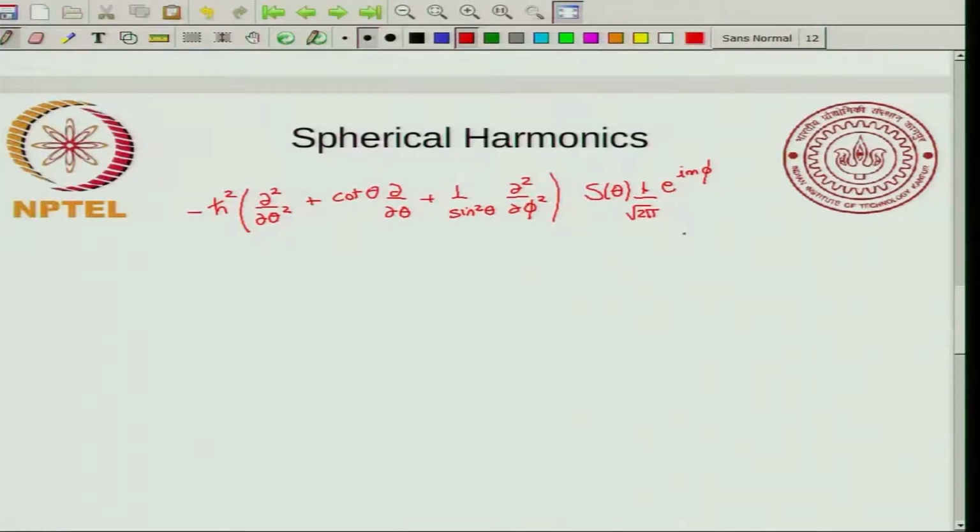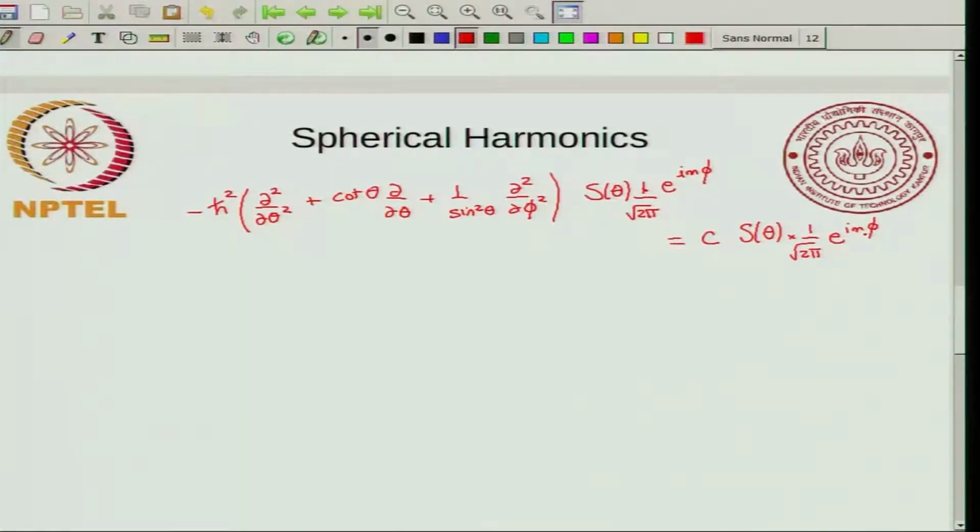And this is equal to a constant c times y itself, which is S of theta times 1 by root 2 pi e to the i m phi. Okay, so this is our differential equation, and now we'll take this inside.